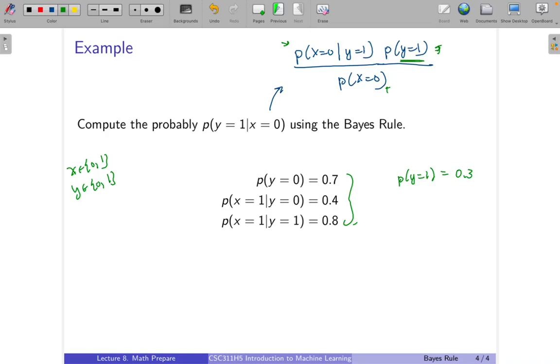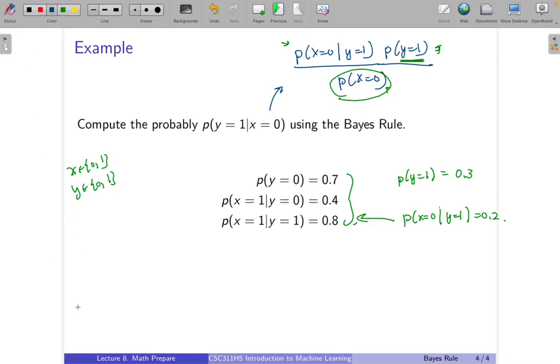So I've got this term here. And same thing here, the probability that x is equal to 0 given y is equal to 1, well, that's going to be 0.2. But the problem is, what about this denominator?